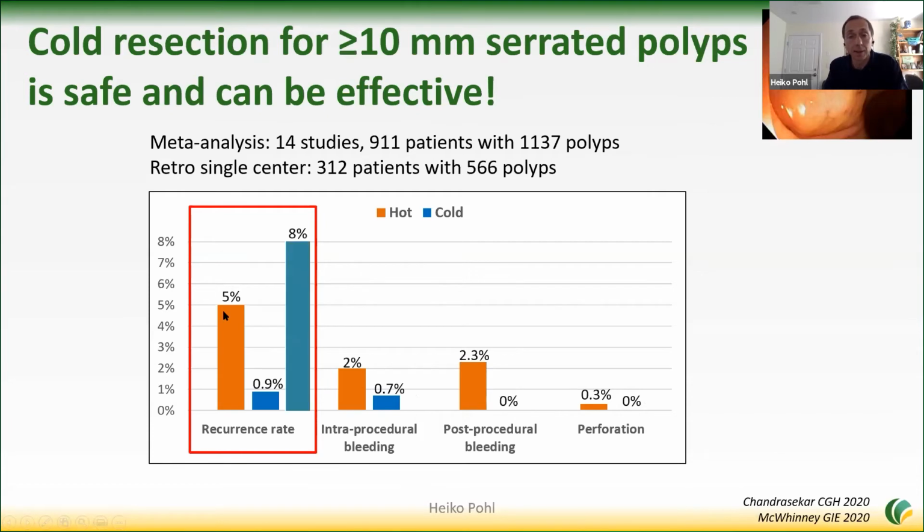The historical study by the Doug Rex group found an 8% recurrence rate in more than 500 polyps, but combined these all add up to about 5%. So it seems similarly effective, but safer if you use cold snare resection for large serrated polyps.